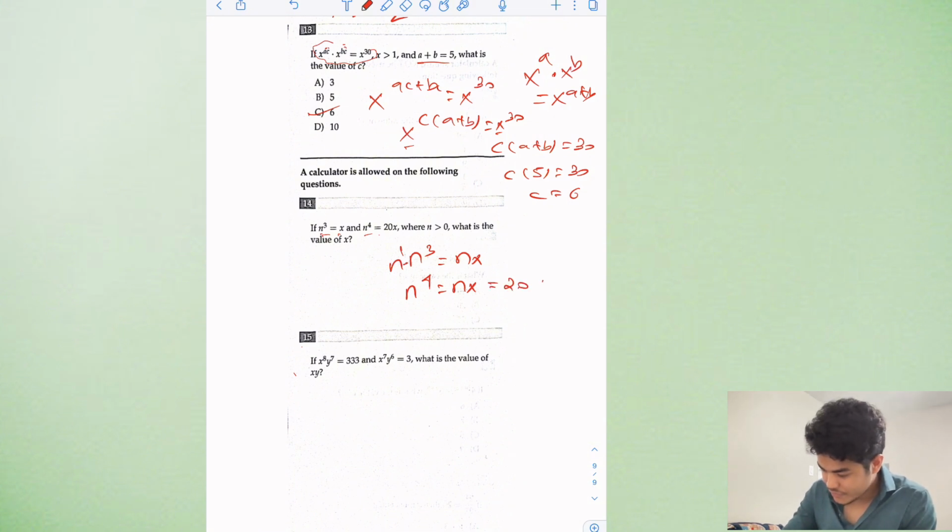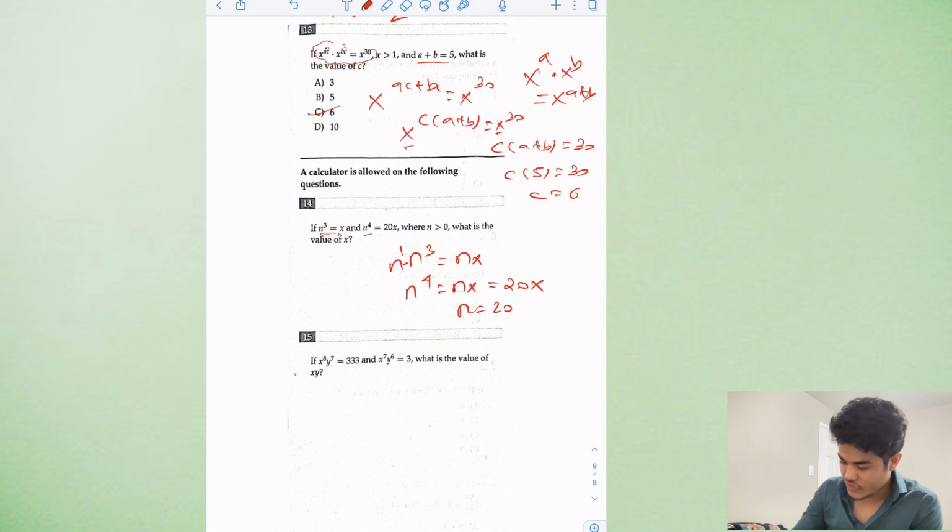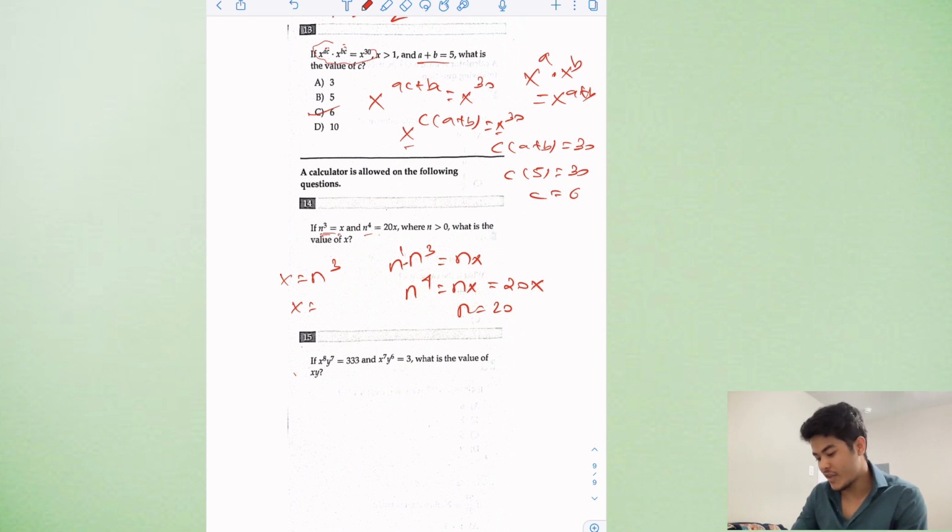All right, and x cancels out and n equals 20. And we know from the first equation that x equals n cubed, and the value of n is 20, so 20 cubed. So the value of x is 20 cubed.